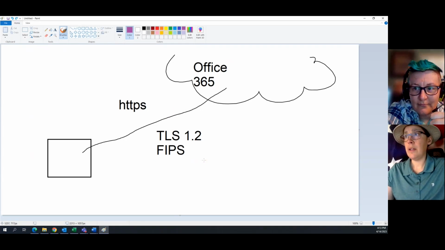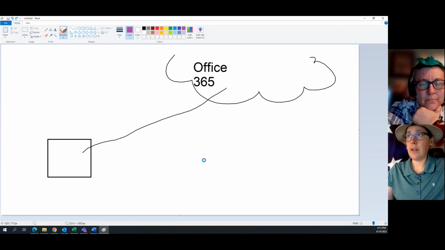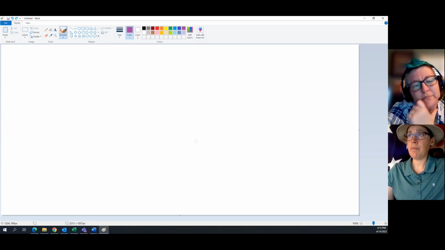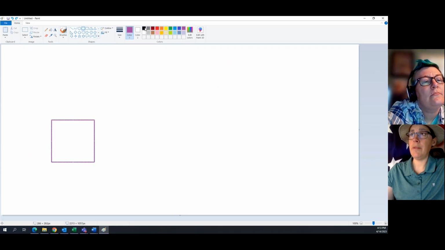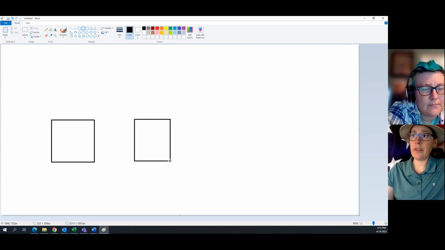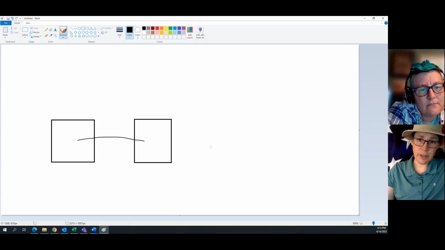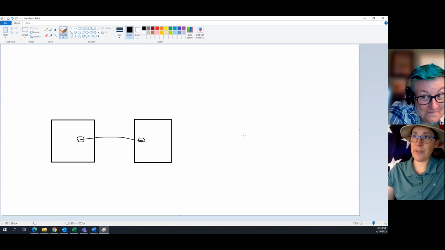Okay. Now, let's try a different scenario. So we have a computer in a building, and right next to it is another computer. And these two computers are talking to each other. There's literally just one network cable between the two of them.